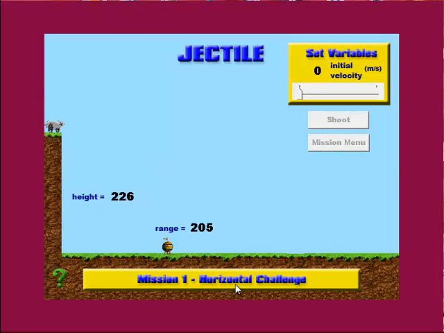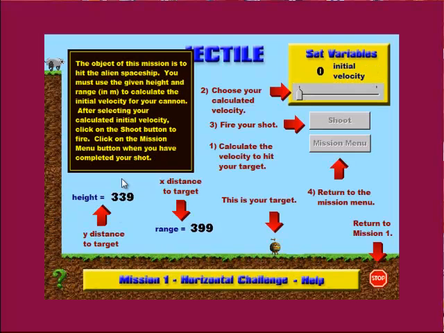We'll try that again. Notice that there are question marks here, which when you click on them will describe to the students what their objective is, what each of the items on the screen are, and how to proceed to take their shot.